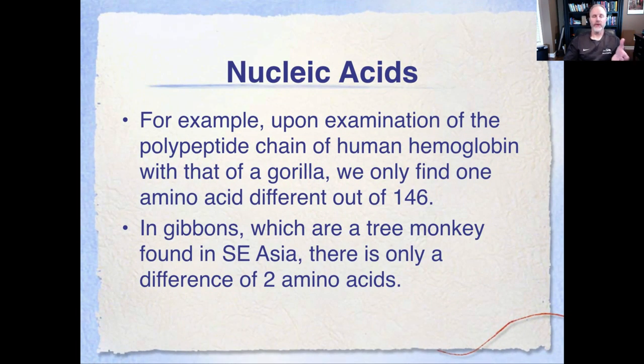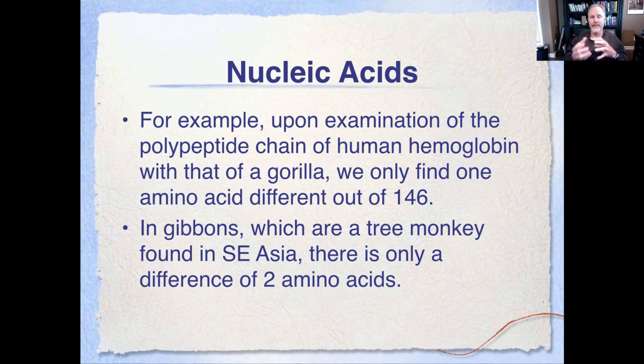So for instance, if we're looking at the polypeptide, the protein chain of the human hemoglobin, and we're comparing it to that of a gorilla because we want to see if they're closely related or not, you'll find that there's only one amino acid difference out of 146 that make up the human hemoglobin and the gorilla hemoglobin. So that would suggest to you that the two are very closely related.